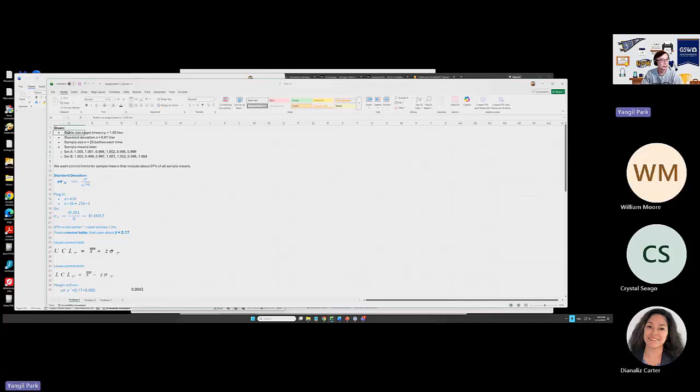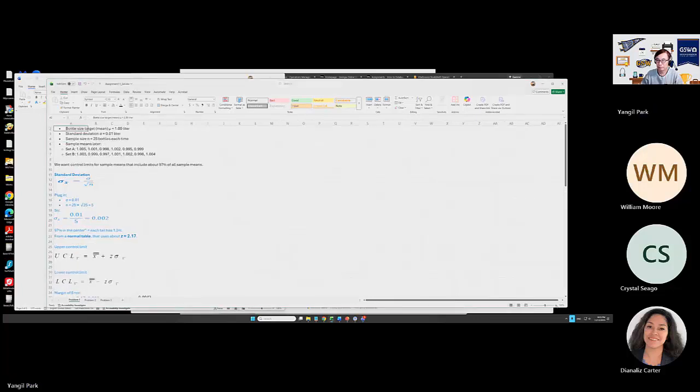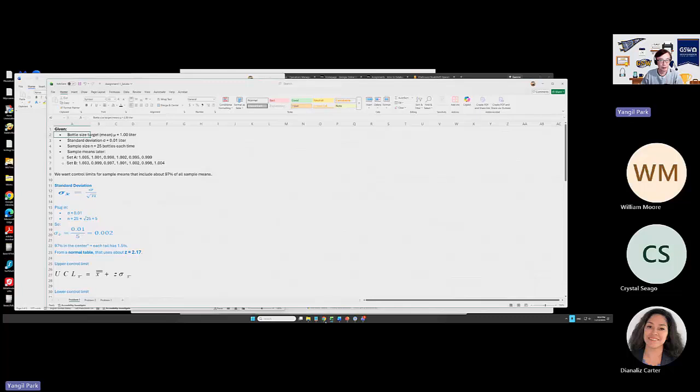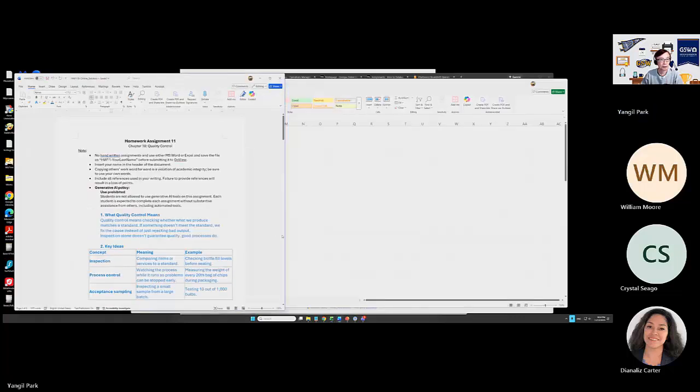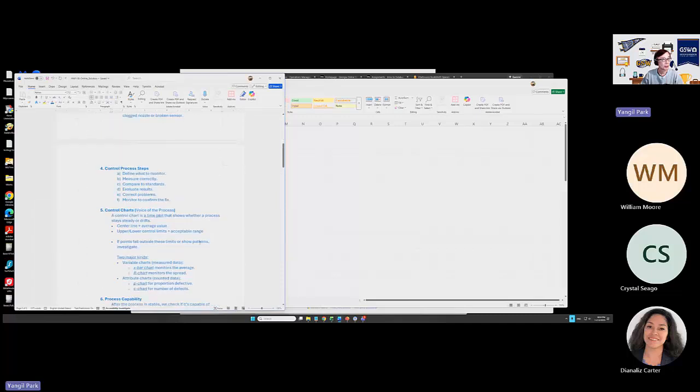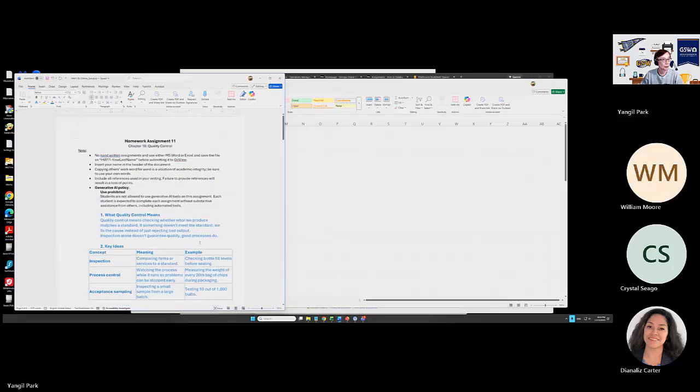All right, so here's the first problem of assignment 11. Let me take a look at the actual statement. Okay, it is about quality control.